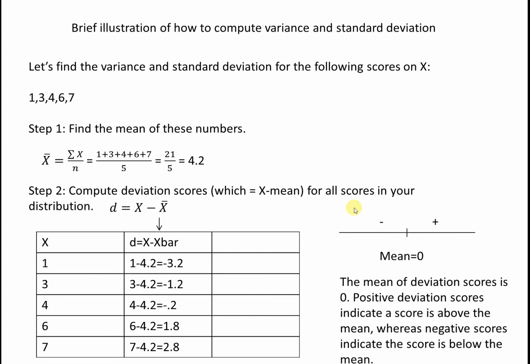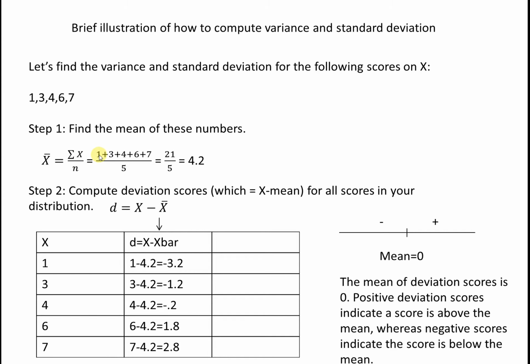So how do you compute the variance and standard deviation? What I've done is I've created a small data set of 5 values for variable x, whatever that happened to be. So the first step is you have to find the mean of these values. Our sample mean, as we saw before, is simply computed by summing up the values on x and dividing by the sample size.